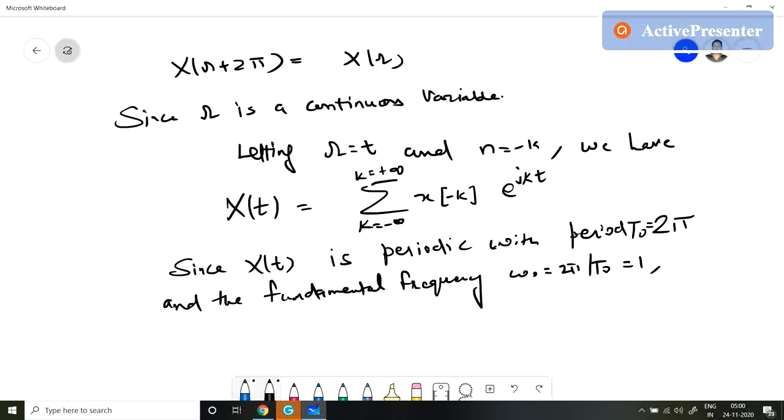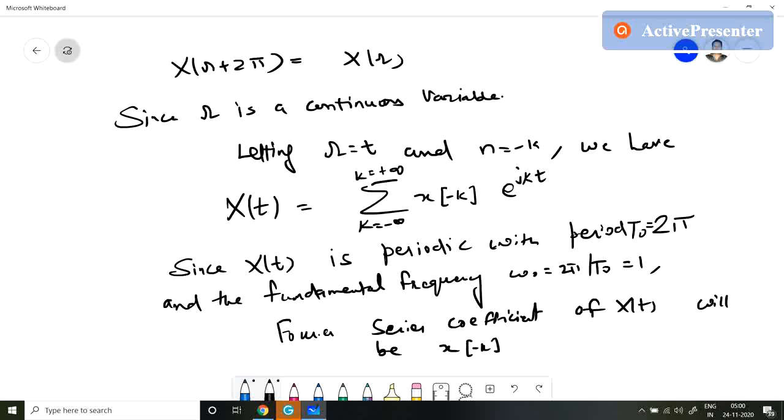So we can find out that the Fourier series coefficient of x(t) will be x of minus k.